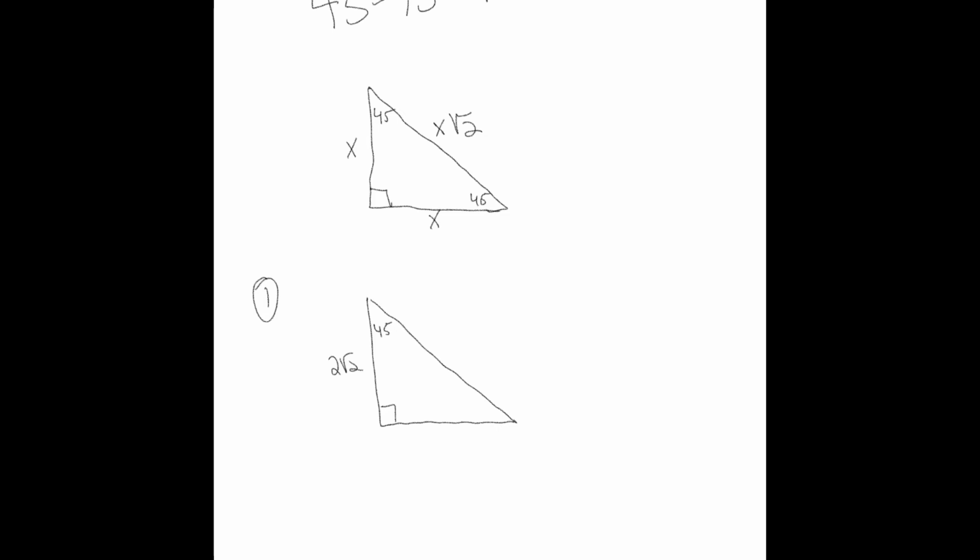Well, my other leg is the same, 2 root 2. My hypotenuse is whatever my leg length is, which is 2 root 2, times root 2. So we'll say 2 root 2 times root 2. So that is going to be 2 times, and remember these multiply together, that just gives you 2. And so my hypotenuse is 4.